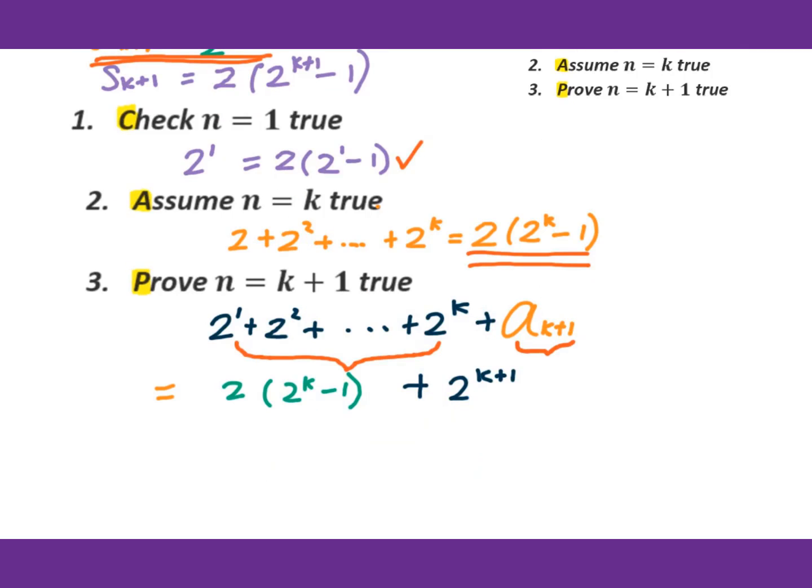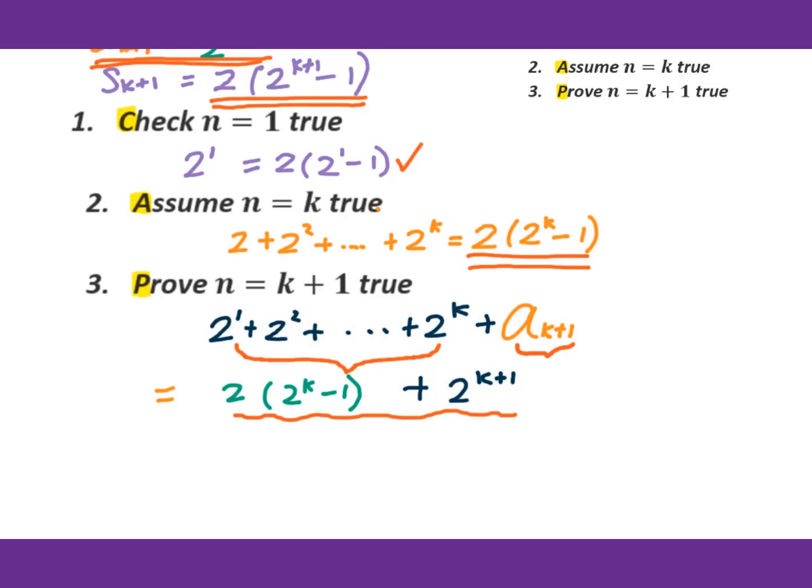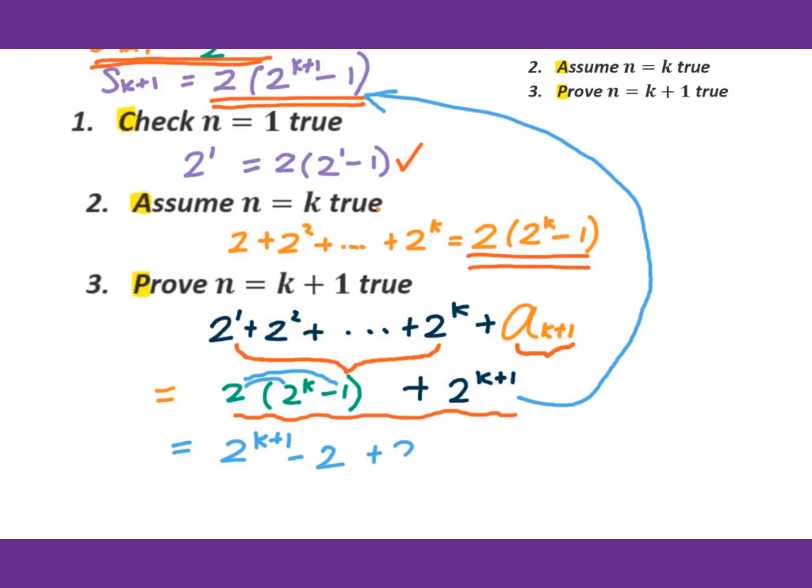You need to prove these expressions equal s sub k plus 1 equals this. Then you finish proving. So you need to know your goal. You want to prove this expression equals here. So we do distributive property first. You get 2 to the k plus 1 minus 2 plus 2 times 2 to the k plus 1. Then I combine like terms.